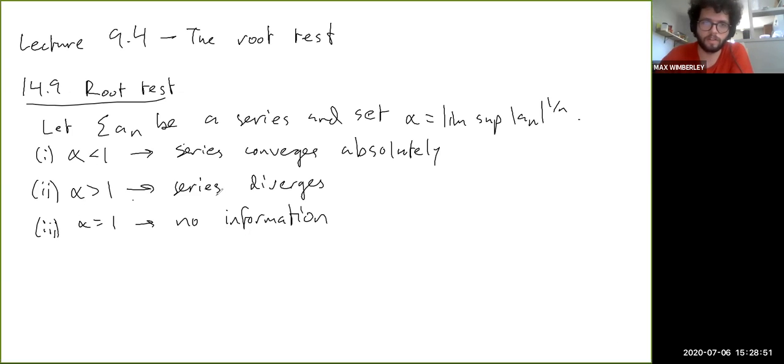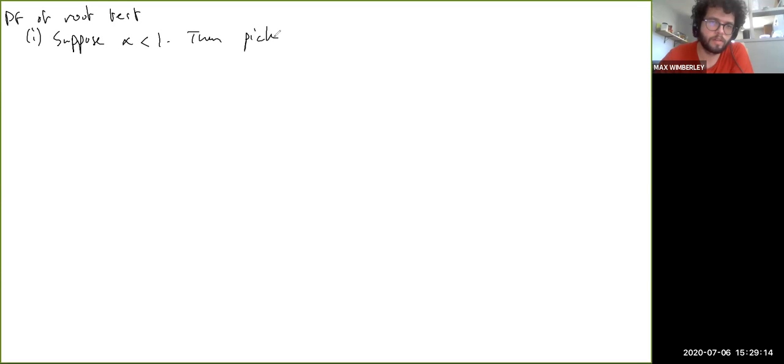So let me just start to go through the proof here. This is the proof of the root test. So in case 1, suppose alpha is less than 1. Then pick epsilon greater than 0 such that alpha plus epsilon is less than 1.